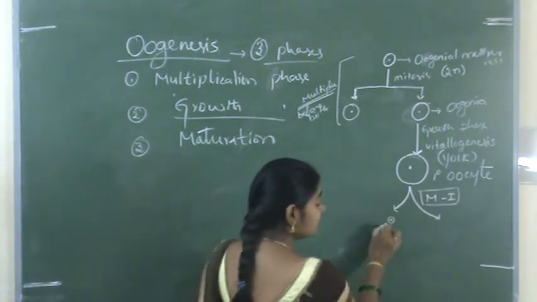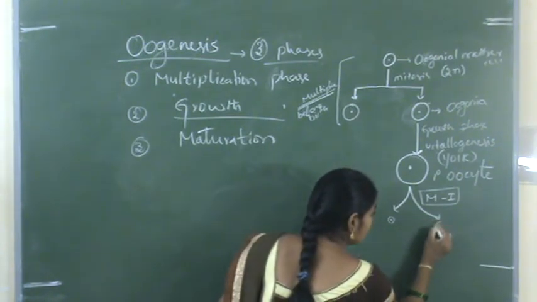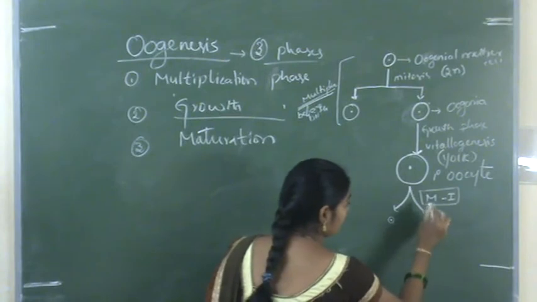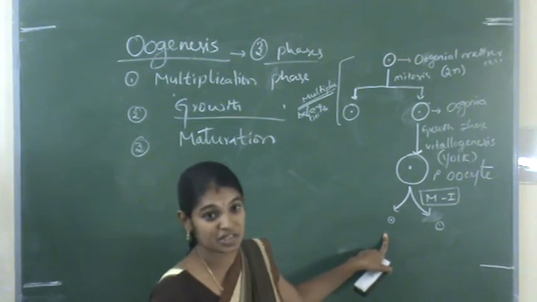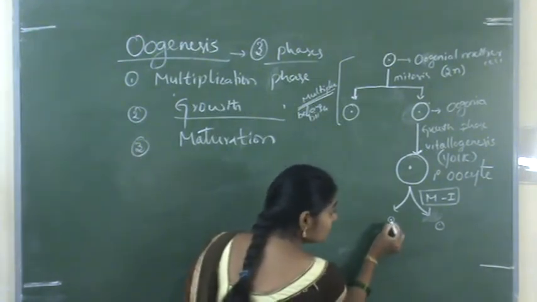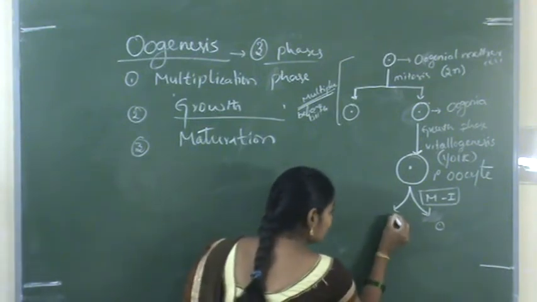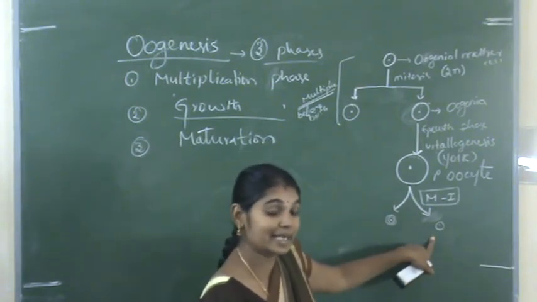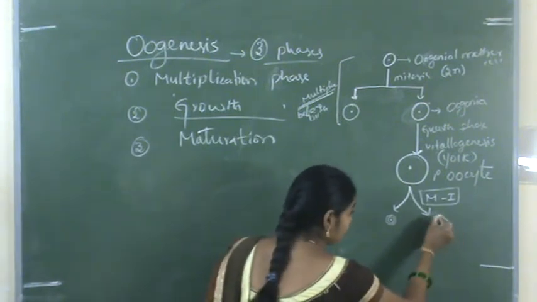So here this is one nucleus after meiosis 1, then this is another nucleus. After this, the cytoplasm division, cytokinesis, takes place. During that cytokinesis process, this one gets a very small quantity of cytoplasm, and the second cell contains a large quantity of cytoplasm.